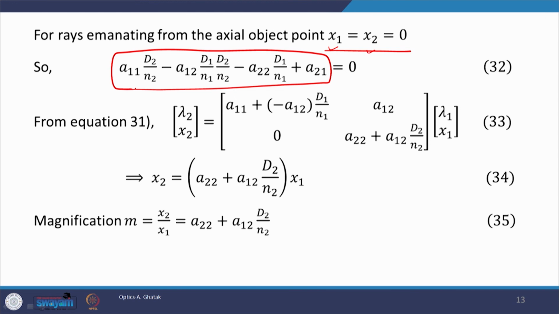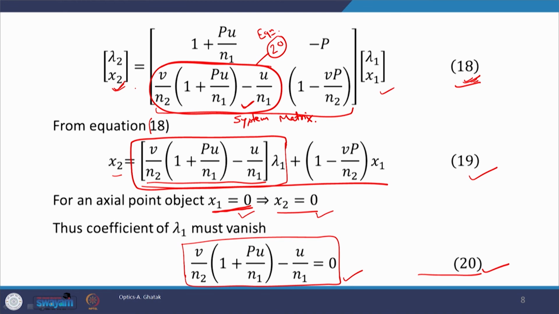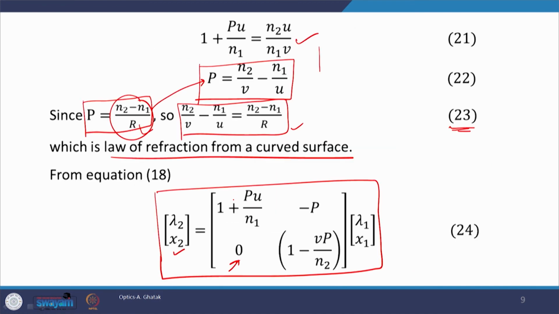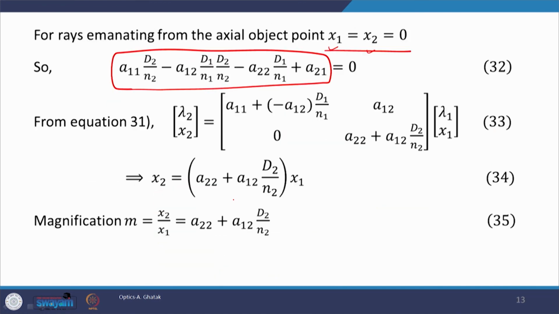We are just repeating this step which we did previously. We had equation number 18, then we expanded 18 to get an expression for x2, and the coefficient of lambda 1 must be equal to 0. The same thing is being repeated here. This is the coefficient of lambda 1 which we have equated to 0, which is our equation number 32.